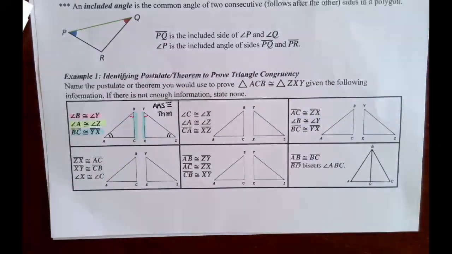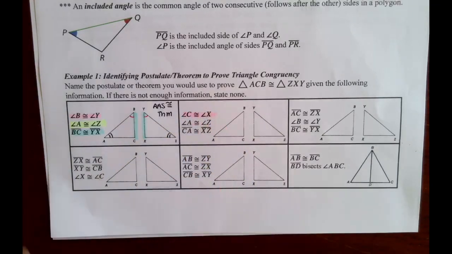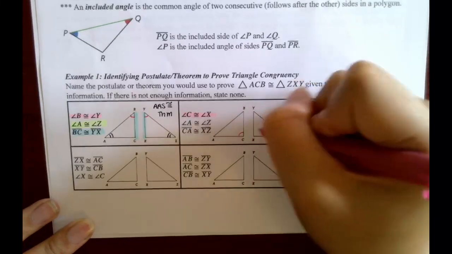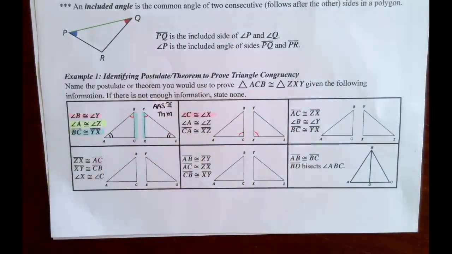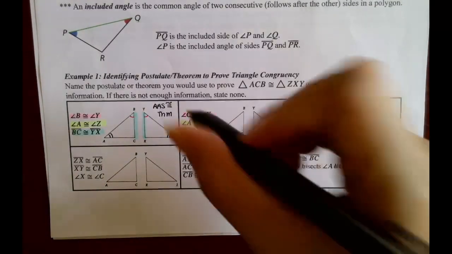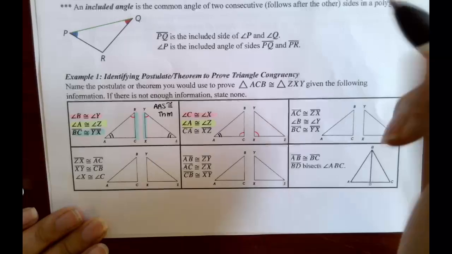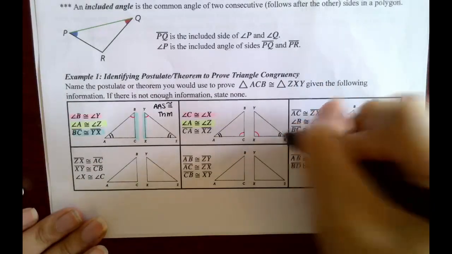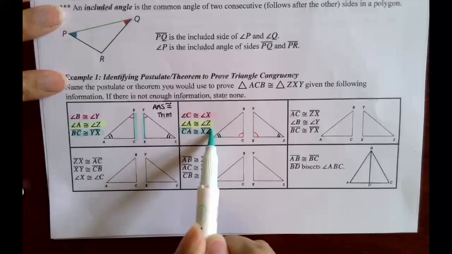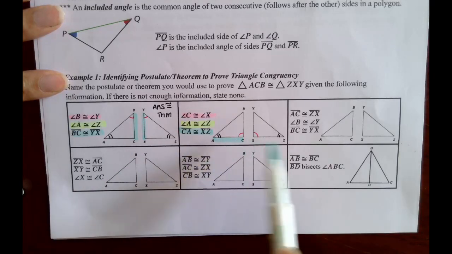Okay, so let's do the next one. Angle C is congruent to angle X. Angle A is congruent to angle Z. And then the third part tells us that CA and XZ are congruent.